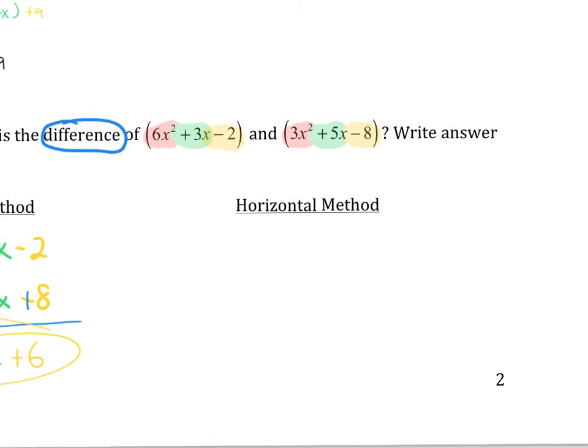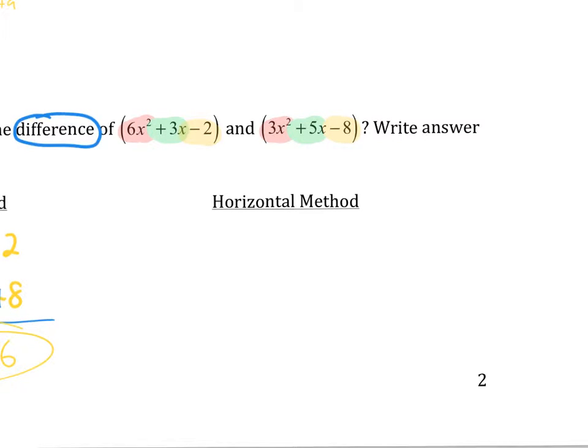If we wanted to do the horizontal method, we are going to do the same thing. And the same thing, of course, here is we're grouping things together. So I take the 6x, but notice, actually, I'm going to write the whole thing out just so that you can see what's happening, although you don't have to always write it in this way. I'm going to put a minus there just to show you that stuff's happening. Plus 5x minus 8.